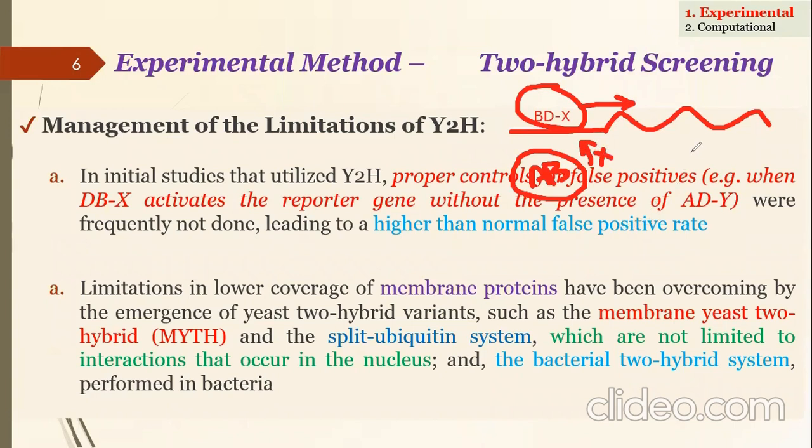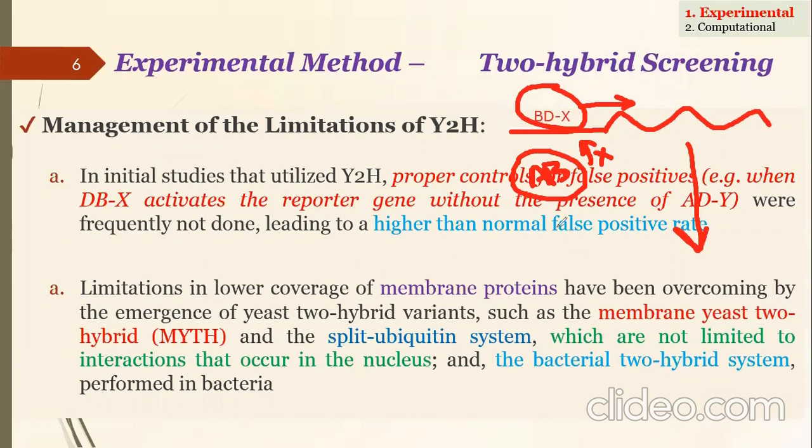So at the end, we give the result that these two proteins are interacting, but in fact they are not interacting, and we didn't know that because we didn't use any control.